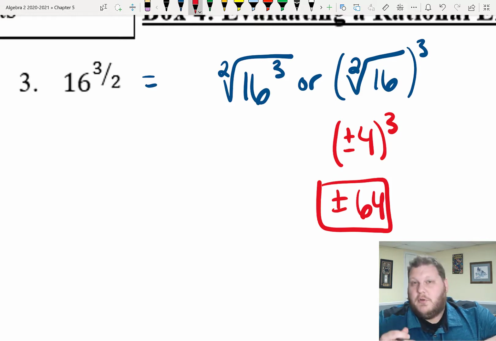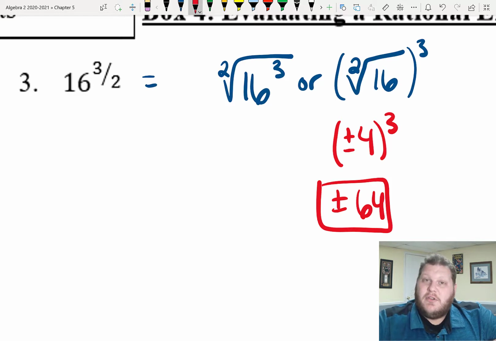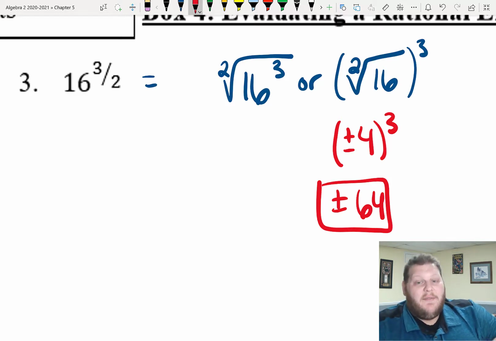But for those who don't trust themselves or want to just double-check their answers or prefer using the calculator, there is a way to do this in your calculator as well without even having to rewrite it.